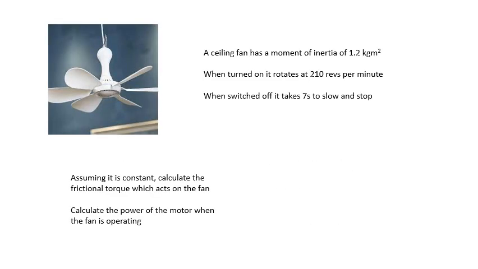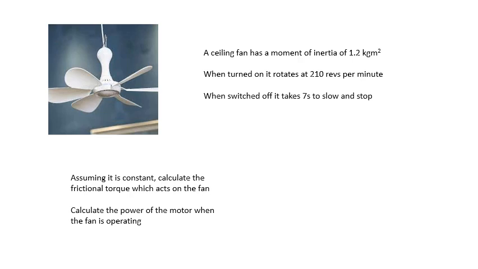Have a go at this. A ceiling fan has a moment of inertia of 1.2 kilogram meters squared. When it's turned on, it rotates at 210 revs per minute. When you switch it off, it takes 7 seconds to slow down and stop. Now, assuming it is constant, calculate the frictional torque.